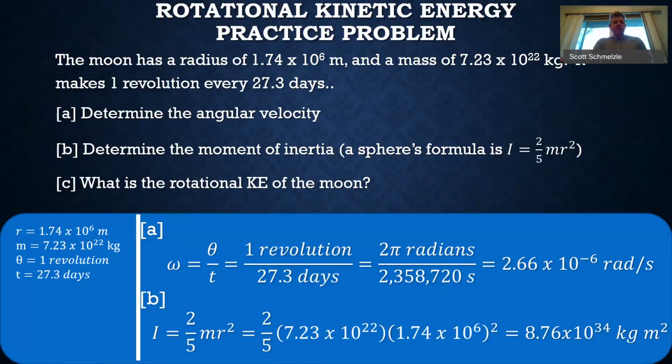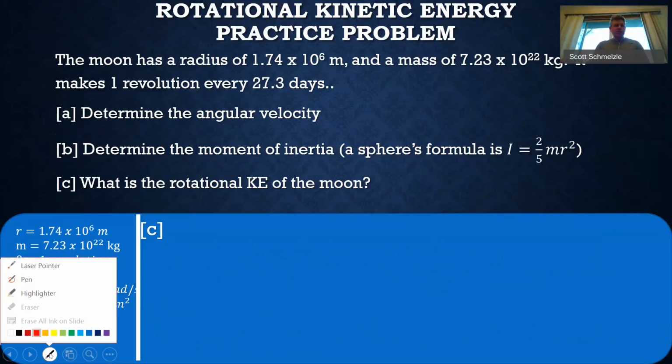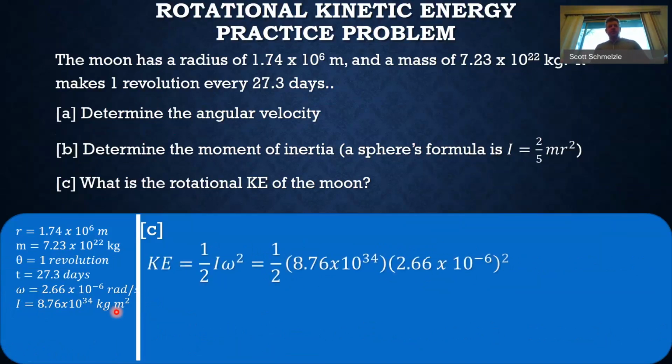So once we know those two pieces, I just put them back over here, as you can see. So let me get my laser pointer. There's my omega, that's how fast it's spinning. There's my moment of inertia, how much it wants to resist that movement. So then we plug it in for our kinetic energy. It's going to be 1/2 the moment of inertia, I, times the angular speed squared.